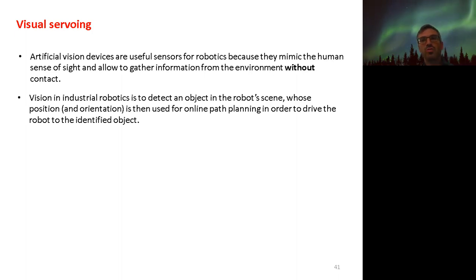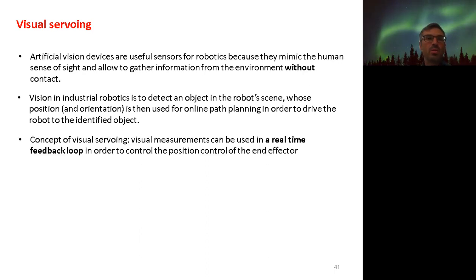And usually, whenever the scene around the robot is acquired, the robot position and orientation can be planned according to this visual feedback to drive the end effector to track, for example, an identified object.